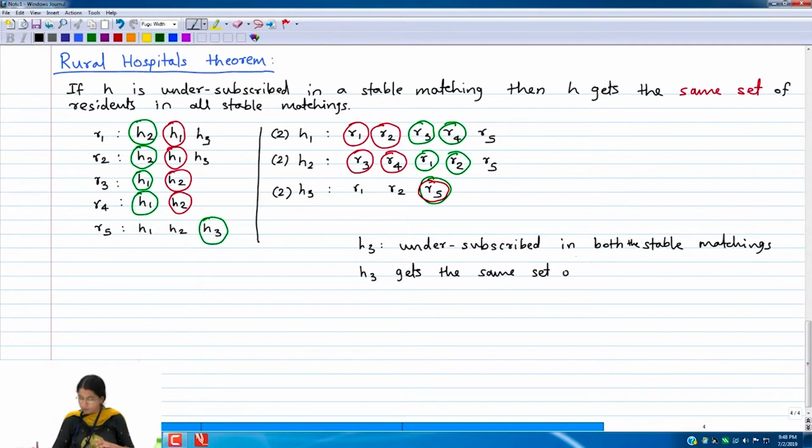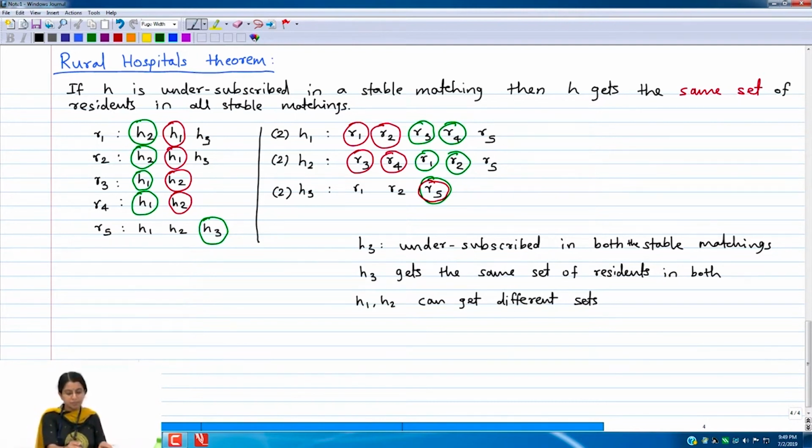Here the set is of only one resident. And H1, H2 can get different sets. So certainly the statement that we made in the rural hospitals theorem for undersubscribed hospitals, that they get the same set of residents in all stable matchings, is not true for full hospitals, as this example itself illustrates.